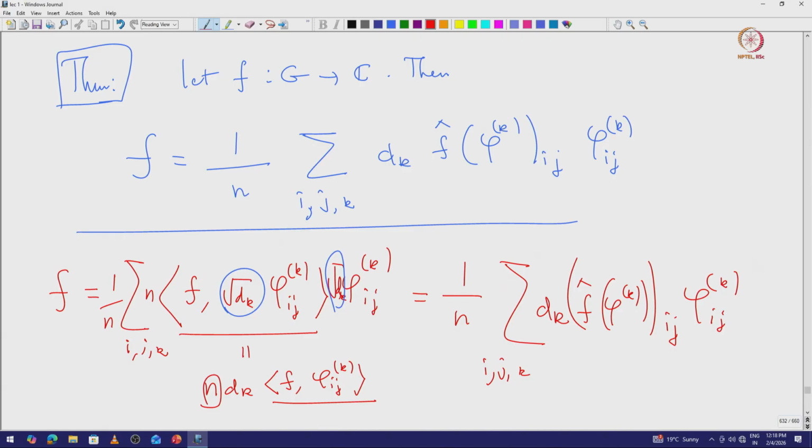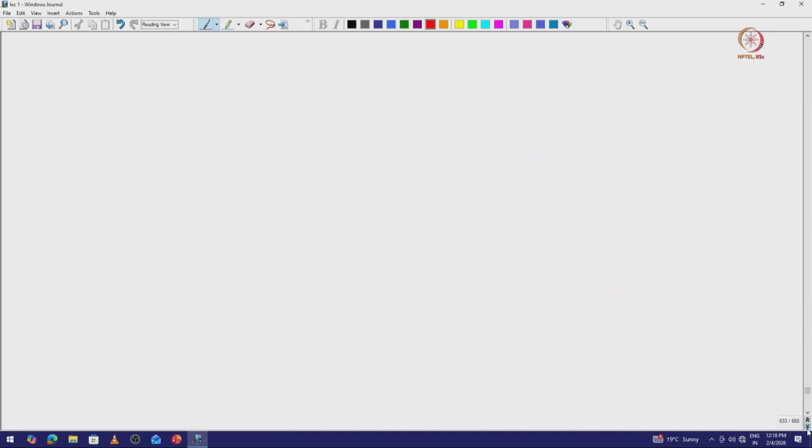So, the only thing that remains to check is that the Fourier transform is an isomorphism of C algebras. I already told you it is an isomorphism of vector spaces. Now, to show that it is an isomorphism of C algebras, we have to check it is a ring isomorphism. So, it is enough to check that T of A star B is given by T A times T B. Now, note what is there on the right hand side.